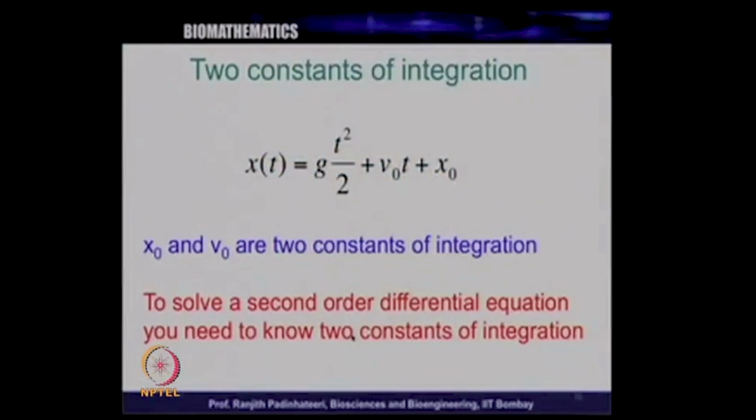One important point to remember, which I am reiterating on the next slide, is that we have two constants of integration, v 0 and x 0. To solve any second order differential equation, any equation of the form d square x by dt square, or d square y by dx square, or d square something by d something square, you need to know two constants.